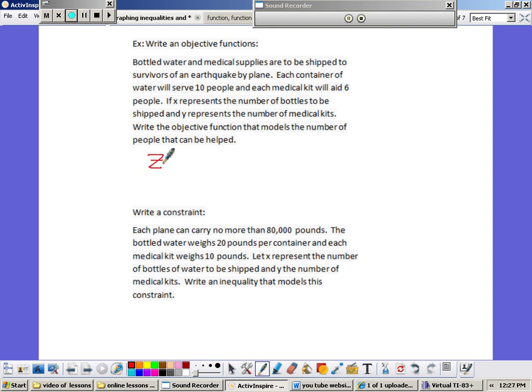Usually your objective statement will be marked with the letter Z. I can do 10 people for water and 6 people for medical kits. This is my objective function, and it will tell me the maximum people I can help.